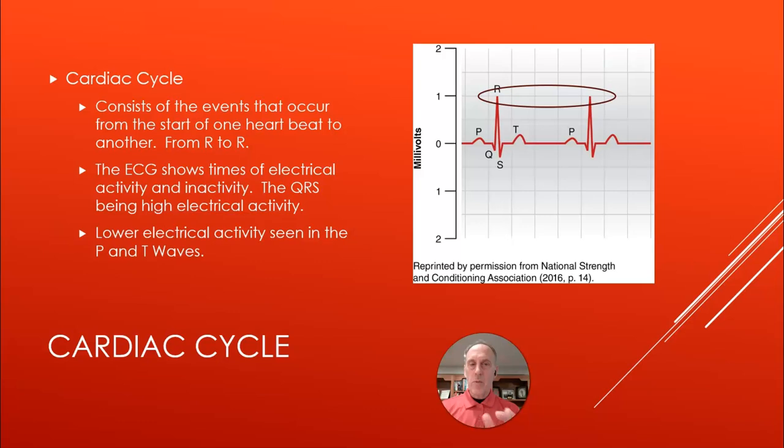But for this, we're going to keep it real simple and keep it with a normal sinus rhythm, and also normal QRS complexes. The lower electrical activity is seen in the P and the T, obviously, because the amplitude is much less. You can see the millivolts are much lower here than up here, right? Remember, it's 0.1, not even 1 or even 0.1 millivolt.